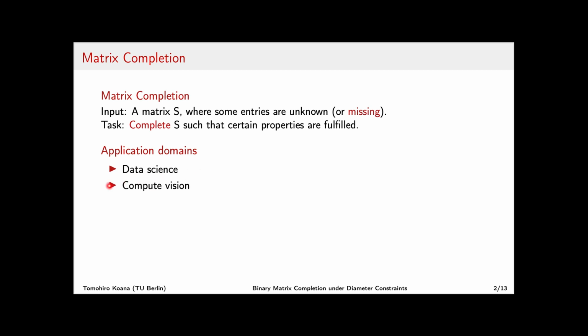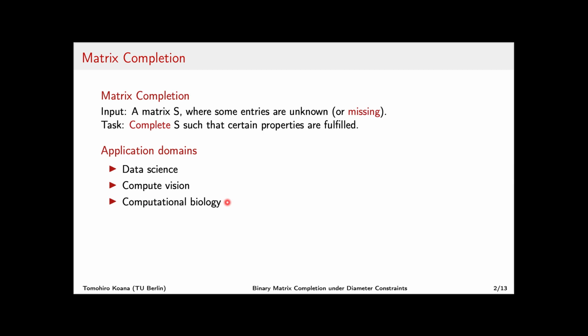Another application domain is computer vision. Here we are given a picture or image where some pixels are missing or occluded. Then we would like to fill in those pixels to have a complete picture.